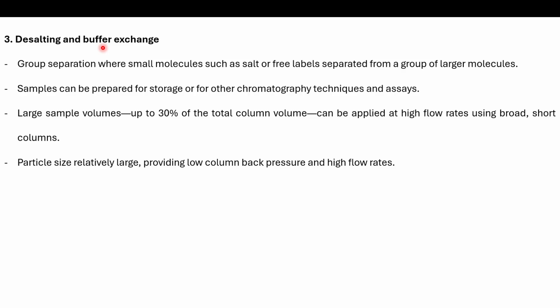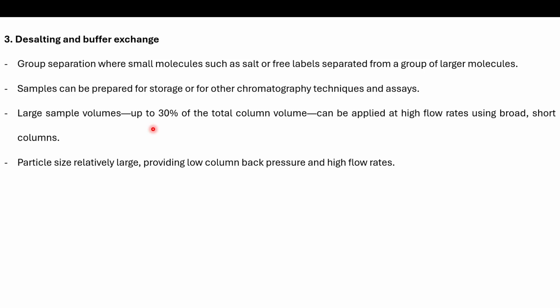That's why there is something called buffer exchange. Once you have the final purified protein in your elution buffer, you have to exchange it into the buffer that you will eventually use for storing your molecule of interest. Suppose the protein should ideally have a cryoprotectant for freezing the sample.